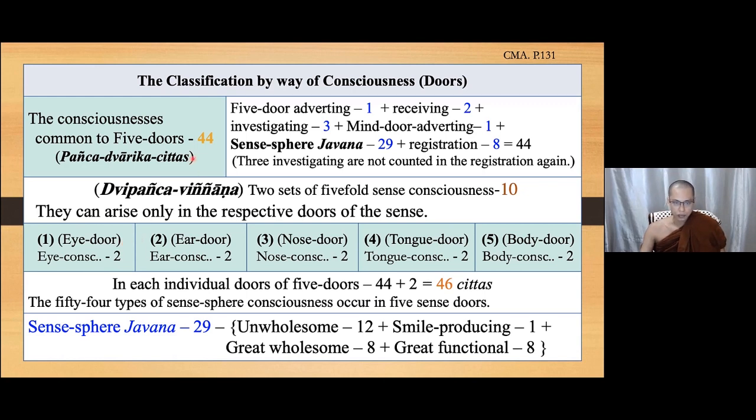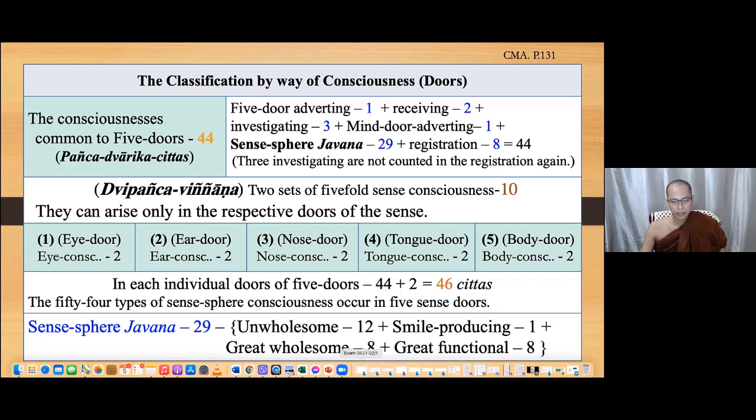Then if we count for each door, there are the common 44 consciousnesses and 2 of their own, individual consciousnesses. So altogether, each door has 46 consciousnesses, 46 chitta. So in this way, we can understand that in the eye door process there can be the 46 consciousnesses.